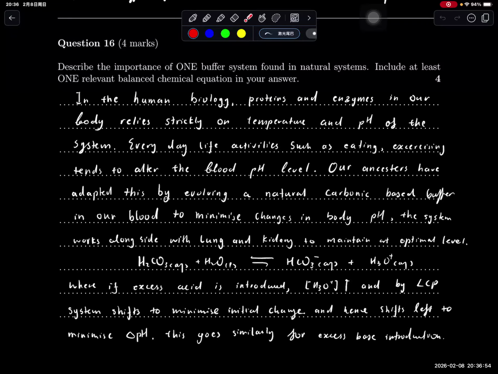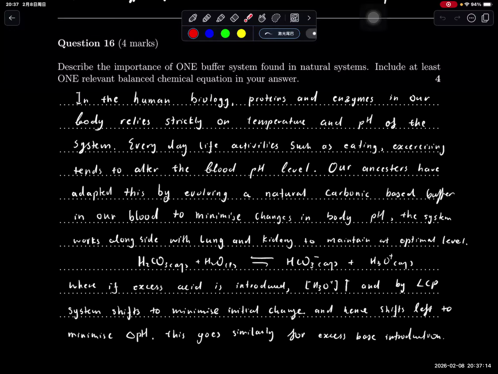So in human biology, proteins and enzymes in our body rely strictly on temperature and also pH. Just by the way, temperature is another important factor. Everyday life activities such as eating and exercising tend to alter the blood pH level.